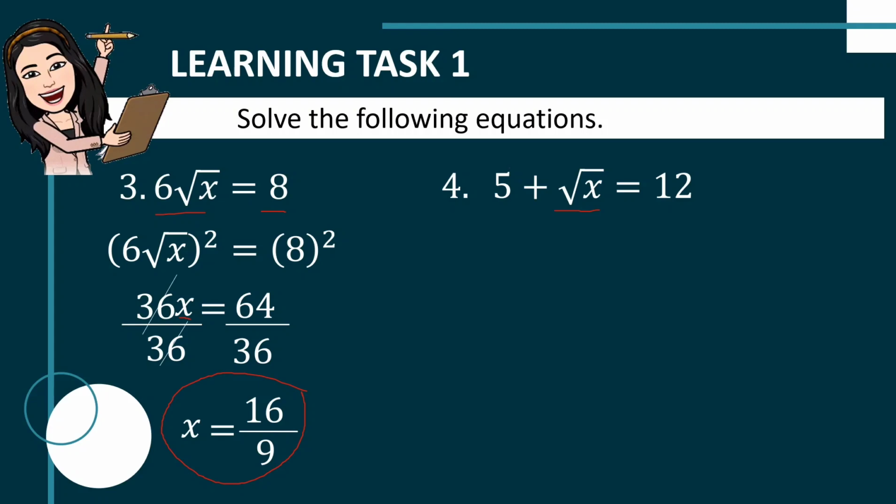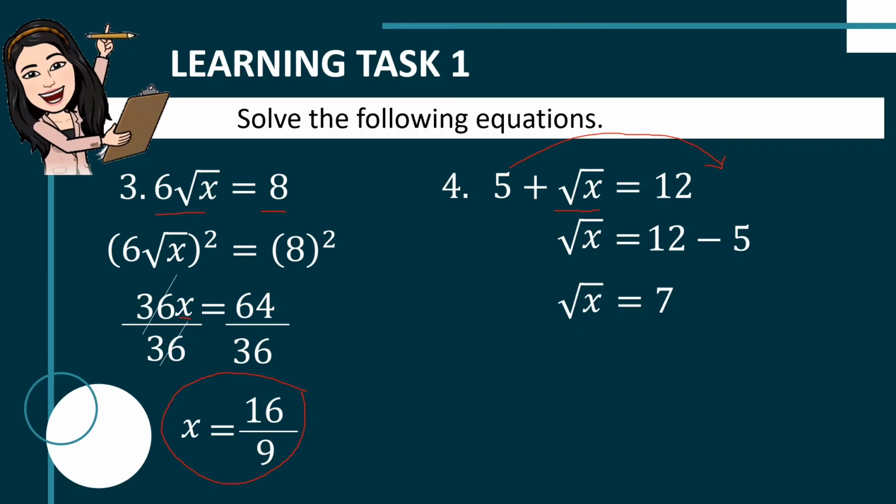So, ibig sabihin, si 5, kailangan nating i-transpose to the other side. So, this will become square root of x equals 12, and then si 5 ay magiging negative 5. Tama ba? Okay. Now, simplify natin. 12 minus 5 is equal to 7. Okay? Next.